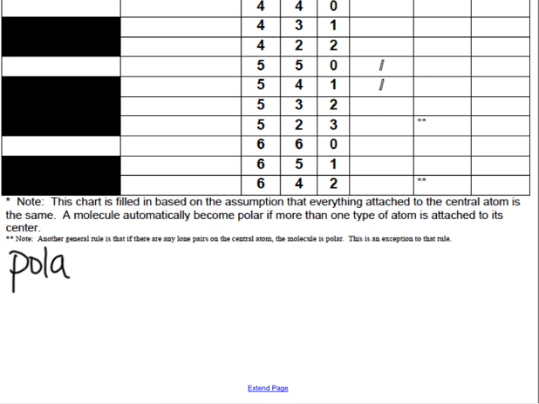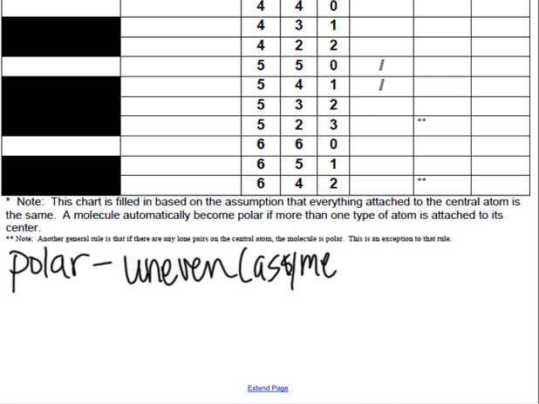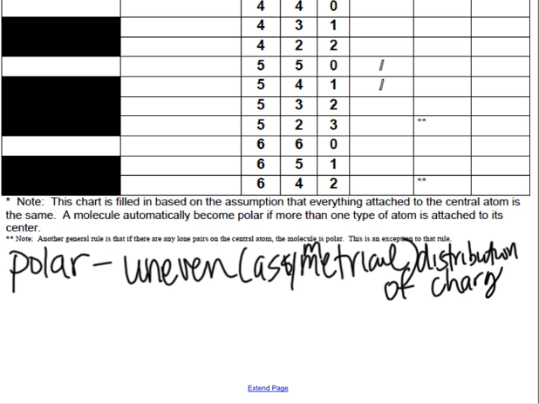Polar molecules: an uneven or asymmetrical distribution of charge or of electrons, okay?